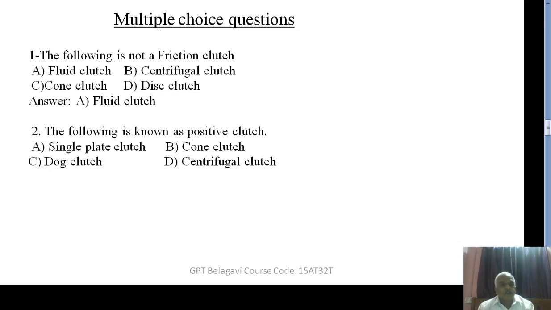And the next question is, the following is known as a positive clutch. See here there are four options. One is the single plate clutch, the second one is the cone clutch, the third one is the dog clutch, and the fourth one is the centrifugal clutch.